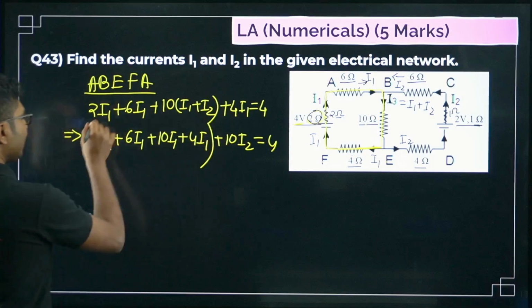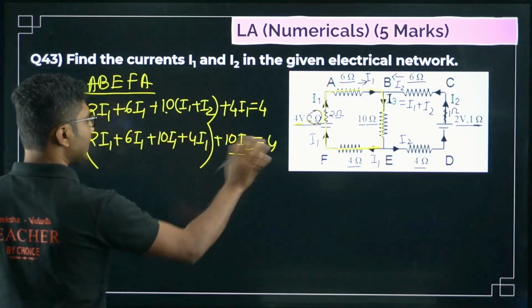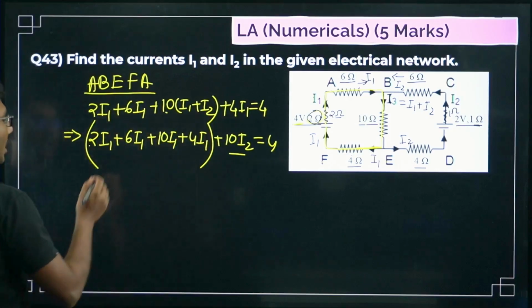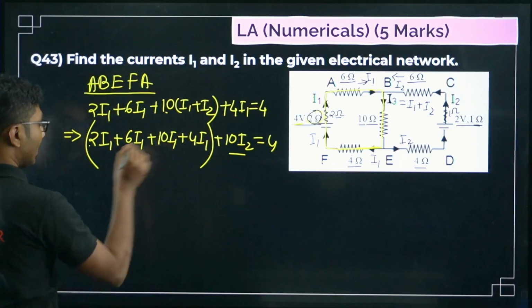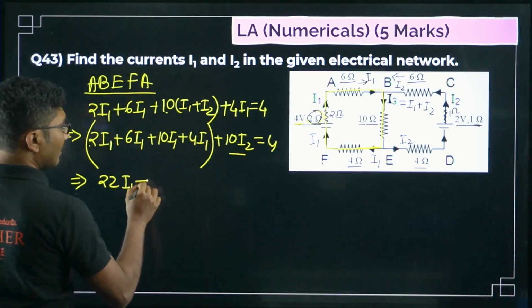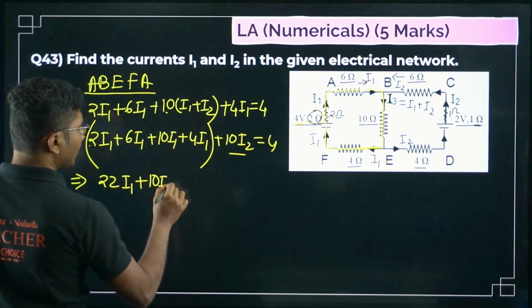So all I1s are together and this I2 is separated. 8 plus 4 is 12, 12 plus 10 is 22. So 22I1 plus 10I2 equals 4.